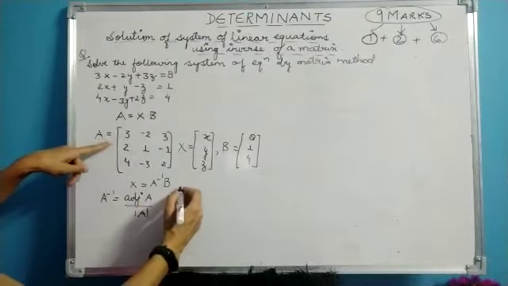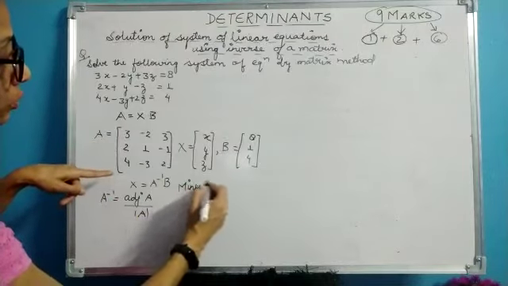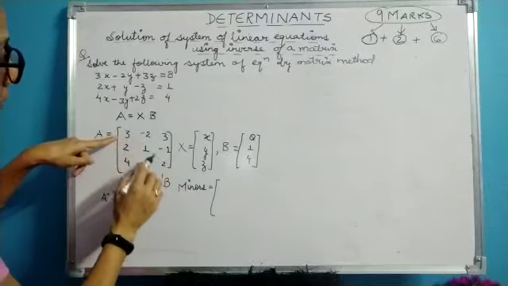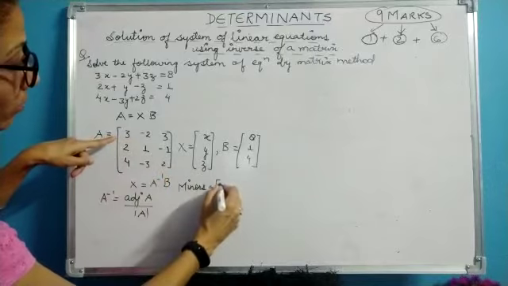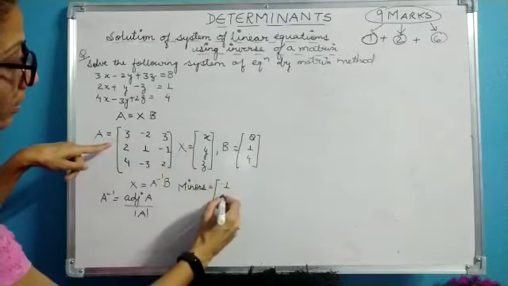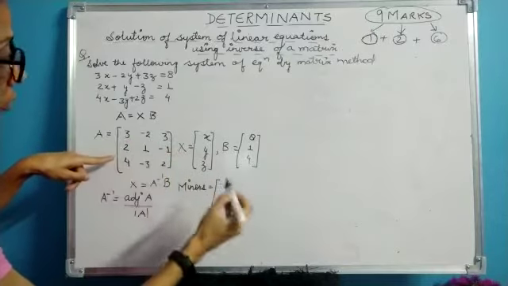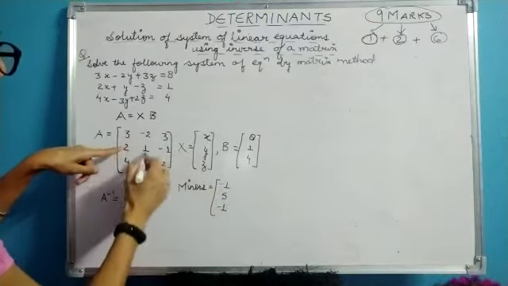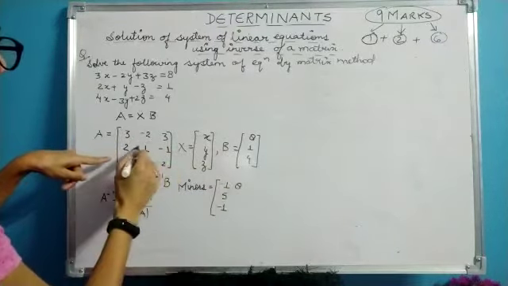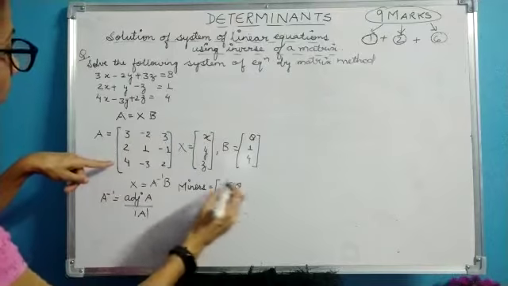So first of all, for adjoint of A, I am calculating my minors. So my minors are over here. This is 3, so eliminating row and column, 2 minus 3 will be minus 1. Then it is minus 4 plus 9, this will be plus 5. Then 2 minus 3, which will be minus 1. Then this is 4 plus 4, 8. Then this is 6 minus 12, which is minus 6.